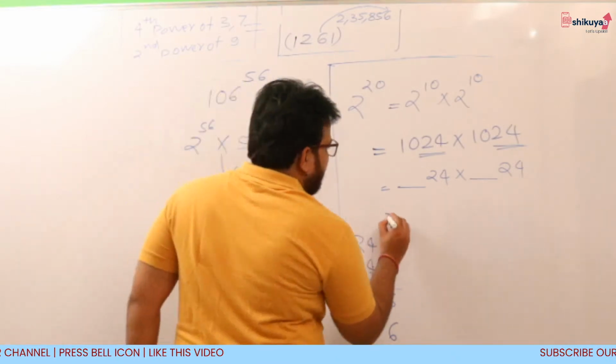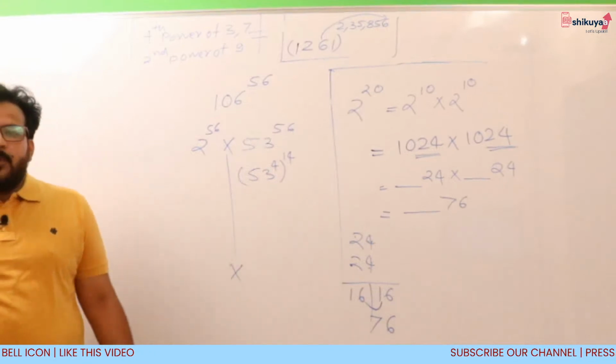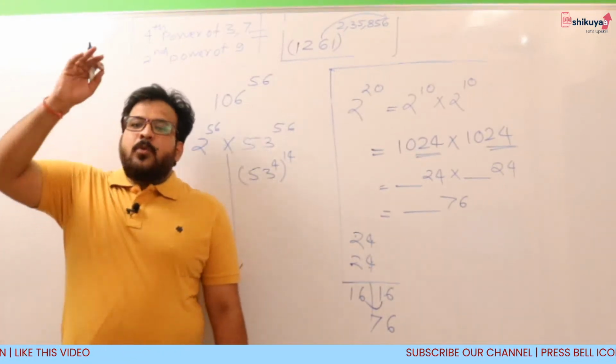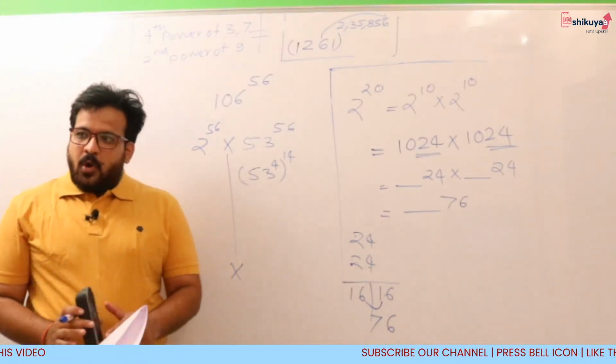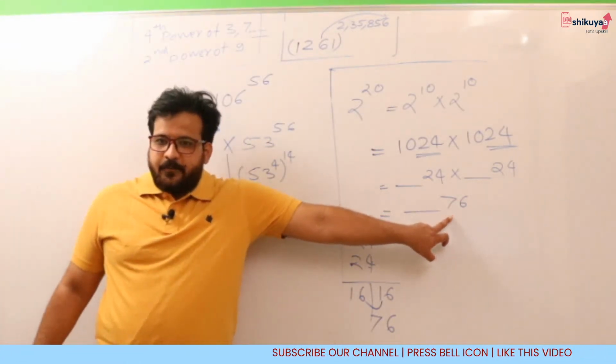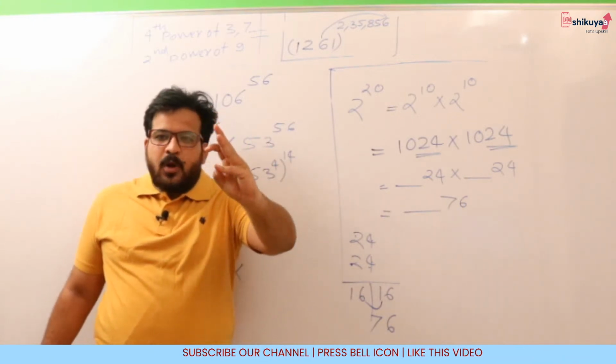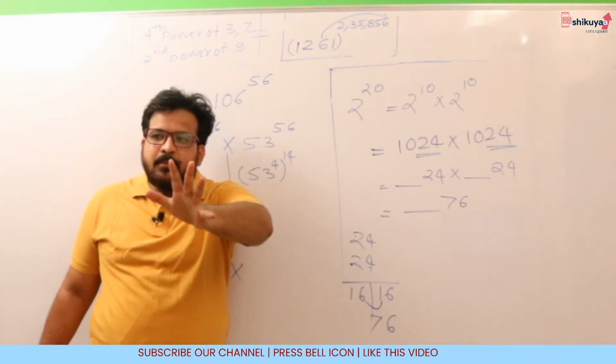So my only point here is, when you multiply a number ending in 24 with a number ending in 24, you will always get 76 at the end. Try to understand my point. You know, 24 and 76 are magical numbers.